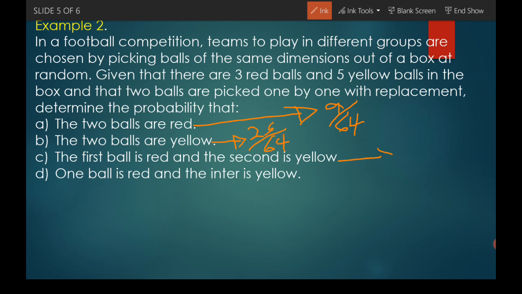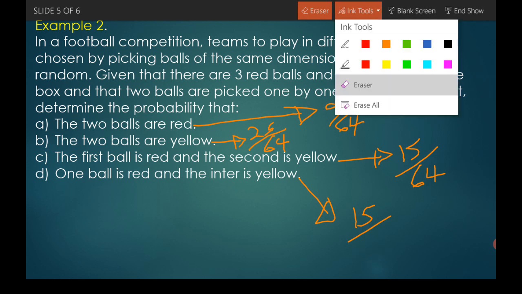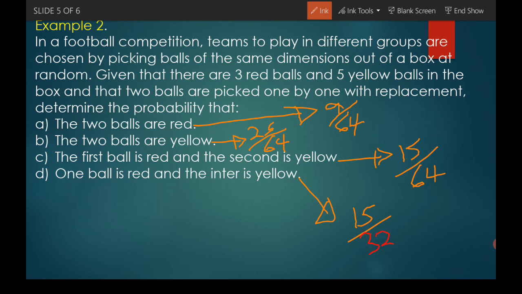For part C, the answer has been 15 out of 64. And then lastly, for part D, it has been 15 out of 32. Like that. So those are our answers.